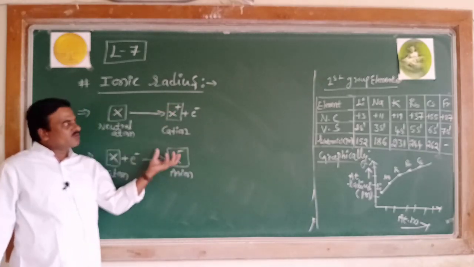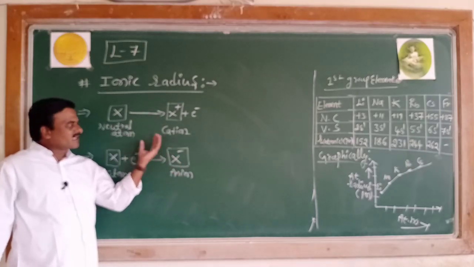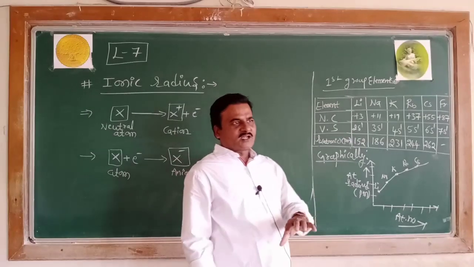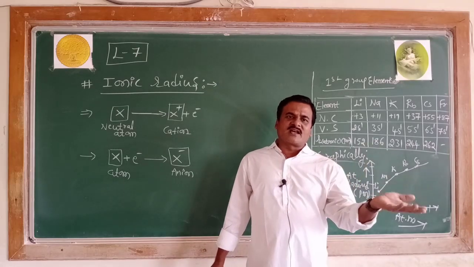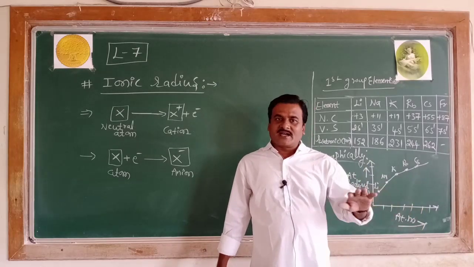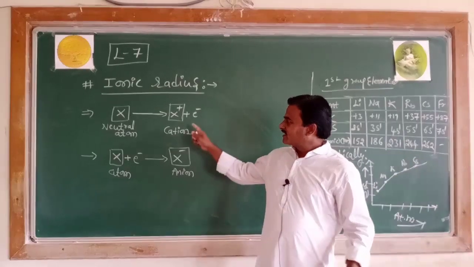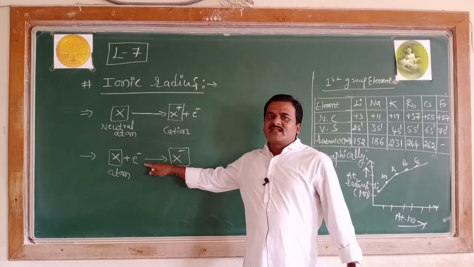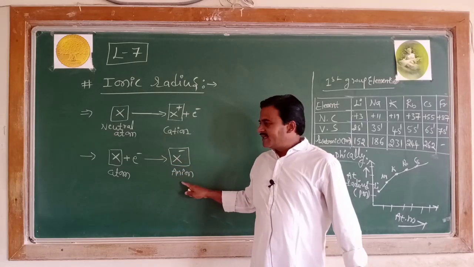Thus, before we collect the ionic radius definition, it is essential to know how these ions are formed. I conclude in one sentence: whenever a neutral atom loses one or more electrons, it gives a positively charged ion called cation, and when it gains one or more electrons, it gives a negatively charged ion called anion.